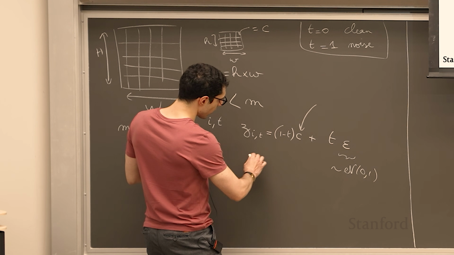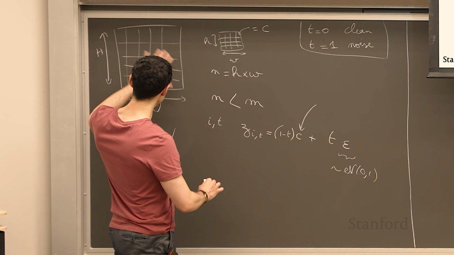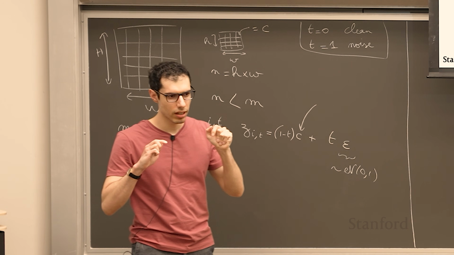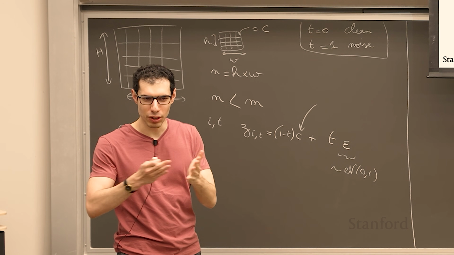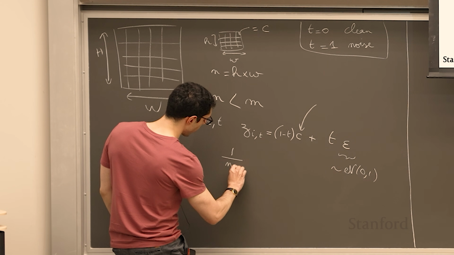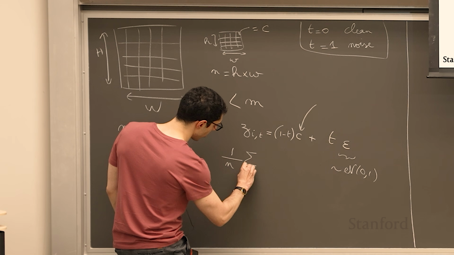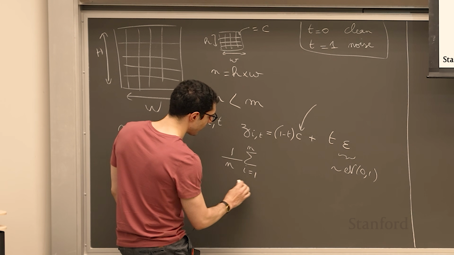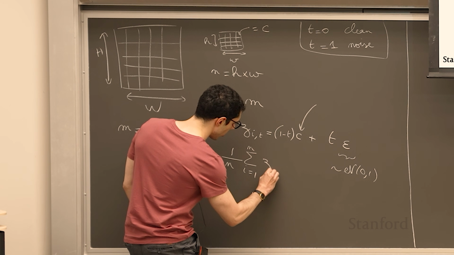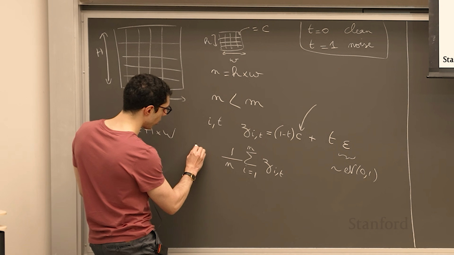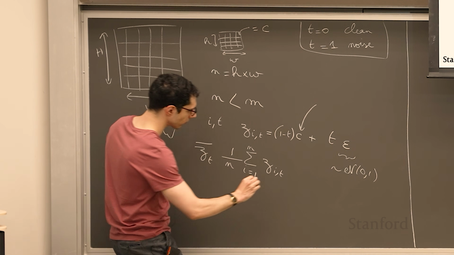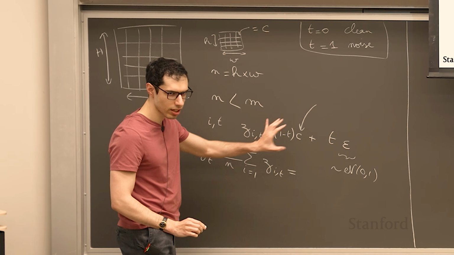Just because we have n elements, m here and n here, I'm going to leverage the fact that we have these n elements to take the average over all pixel values. So I'm going to sum over i, my index, between 1 and the number of pixels of the z_i^t, and I'm going to call this z_t bar, for average. This thing is a constant, so it doesn't move.